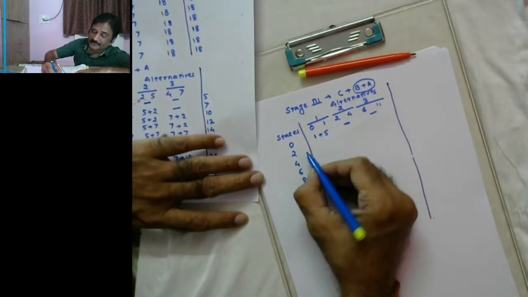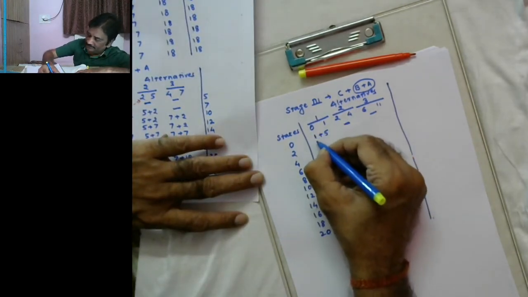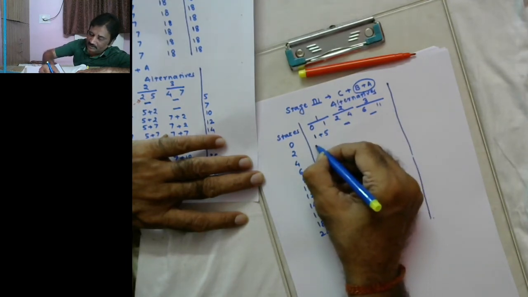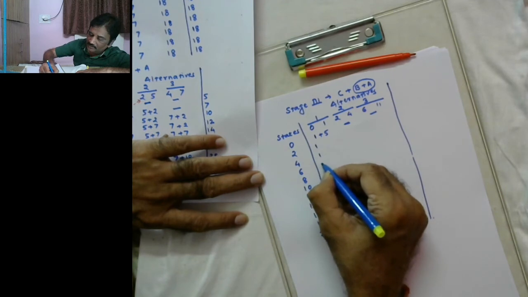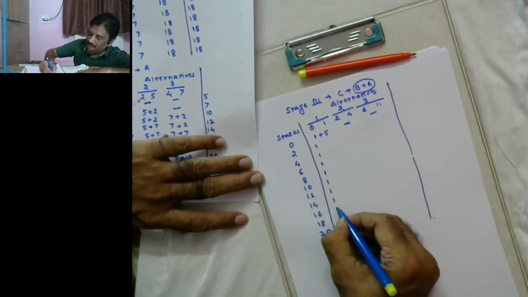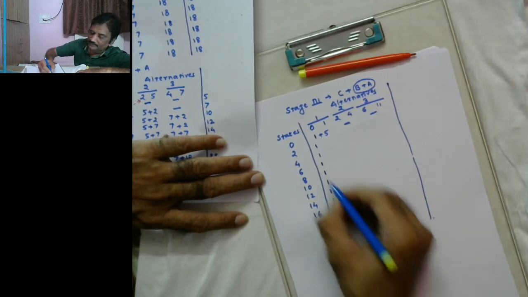Then all the first column values will be coming from here and they will be common: 1, 1, 1, 1, 1, 1, 1, 1, and 1.